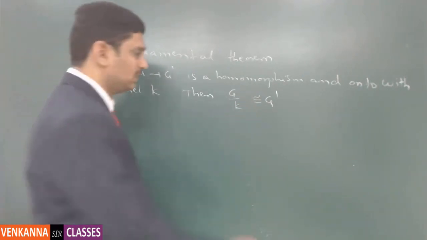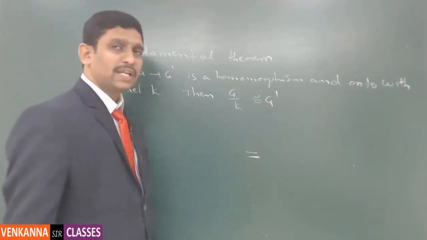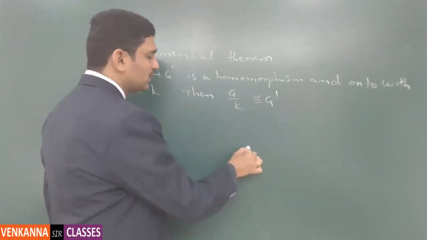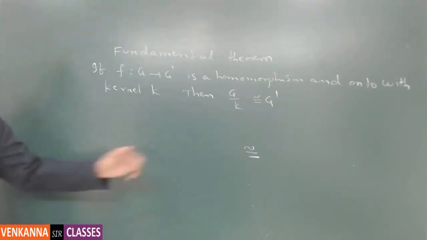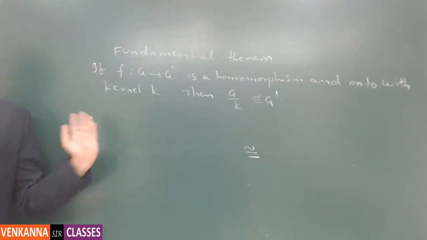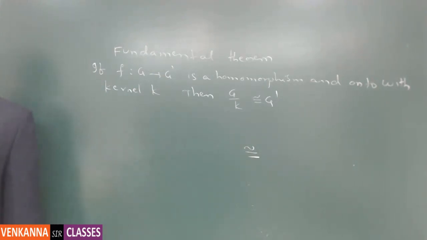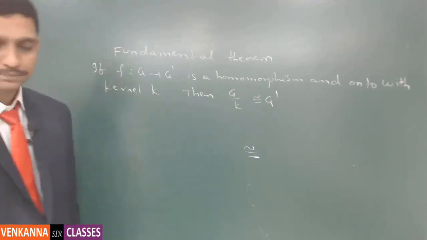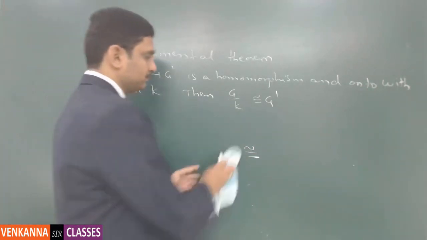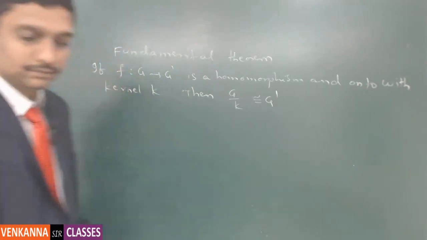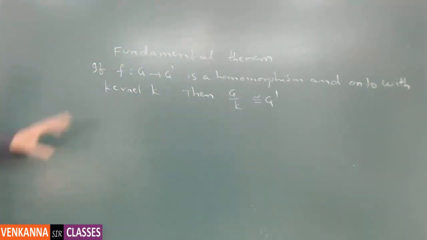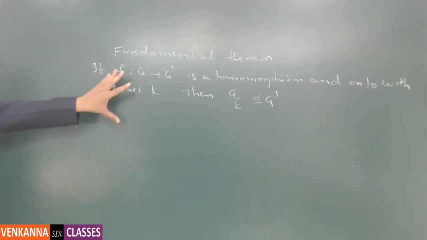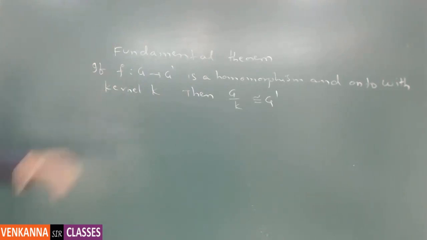How is it written? We write the equal to sign and we use a tilde, so we write S horizontally. This symbol we call the isomorphic symbol. It has other equivalent statements that we also take into consideration.